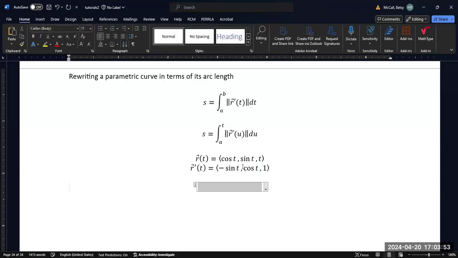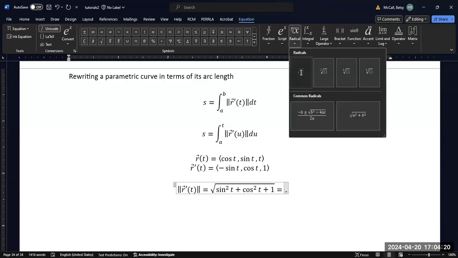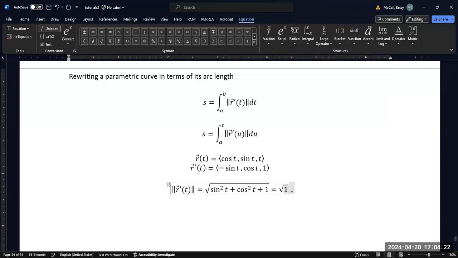And then we're going to find the magnitude of our derivative. That's going to be the square root of sine squared t plus cosine squared t plus 1. Sine squared and cosine squared is 1, and therefore we're going to end up with the square root of 2.